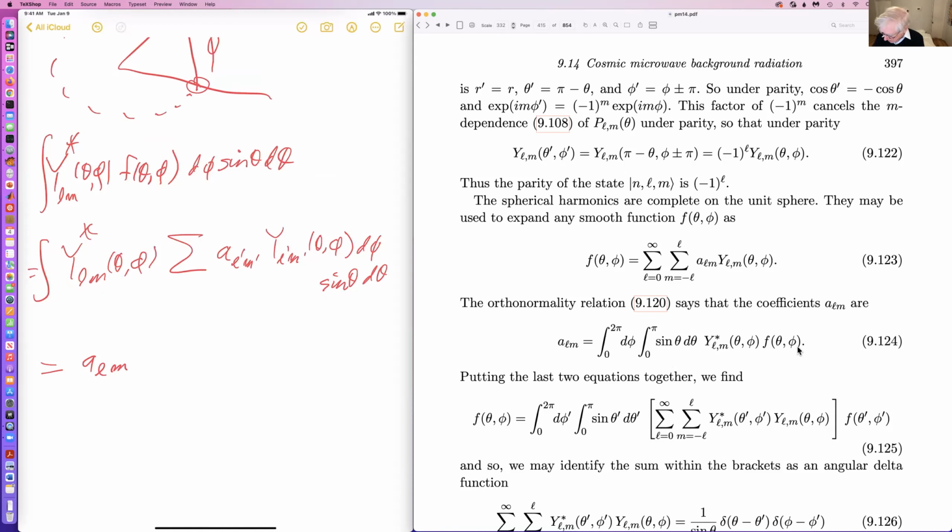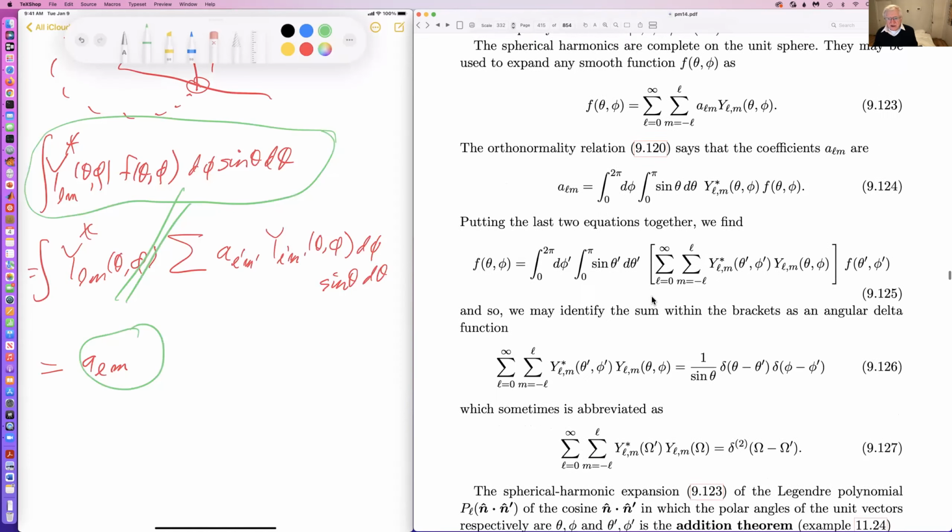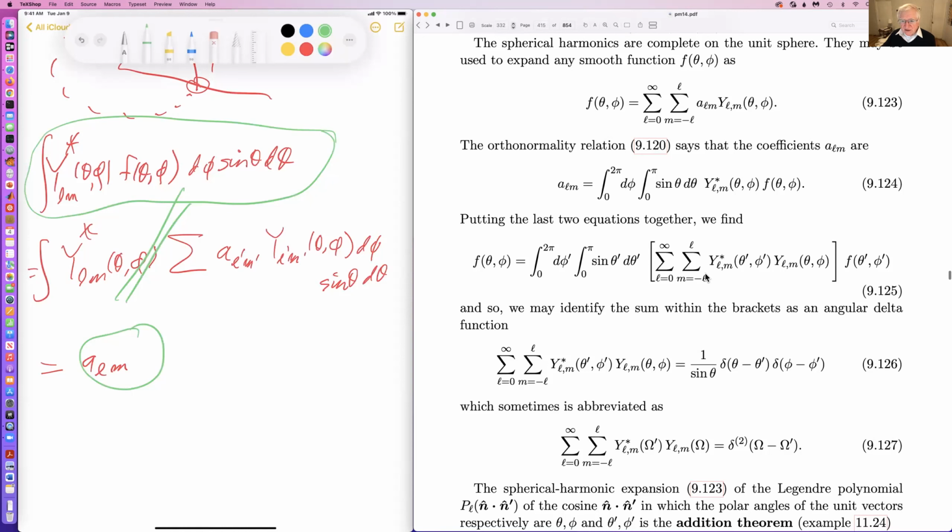In other words, that gives us this formula. This is equal to that, which is equation 9.123. And if you put the two together, you write f is equal to that, and you set the A's equal to this, then rearranging, you get this expression.